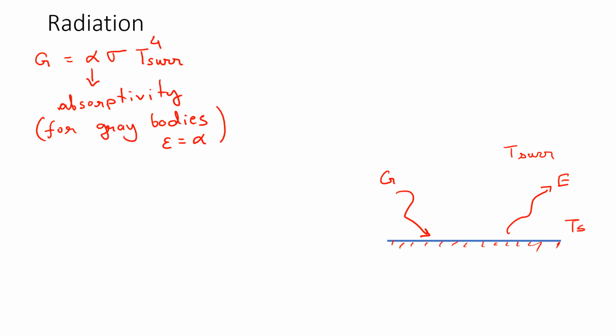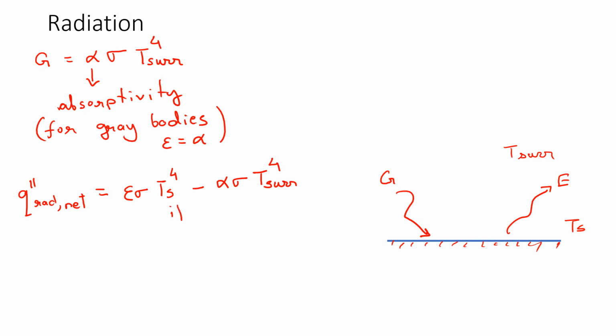So if we take the net heat transfer due to radiation, our equation will be epsilon sigma times Ts to the power 4 minus alpha sigma times T surrounding to the power 4.